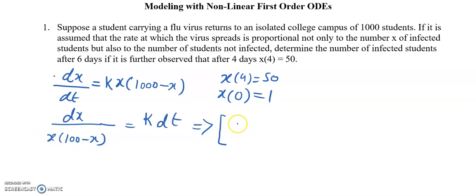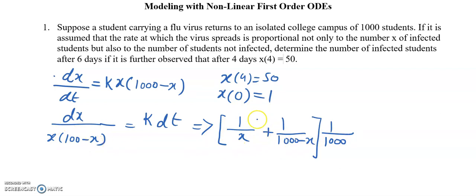We can write this term in partial fractions: 1 over x plus 1 over 1000 minus x. In this case we need to divide by 1000, and if you simplify it, it will be like this. You can just verify this by yourself.